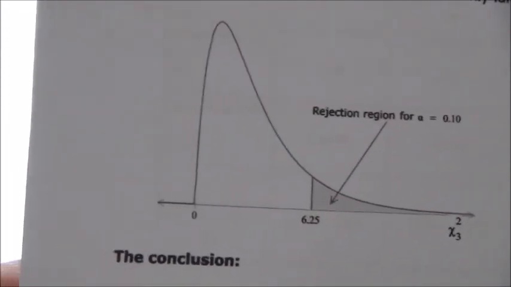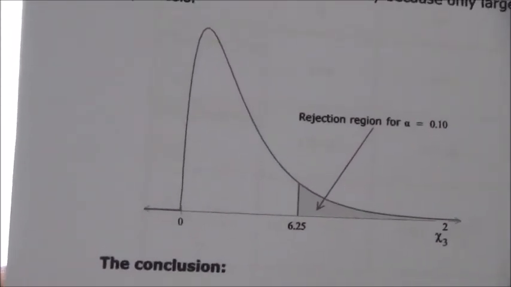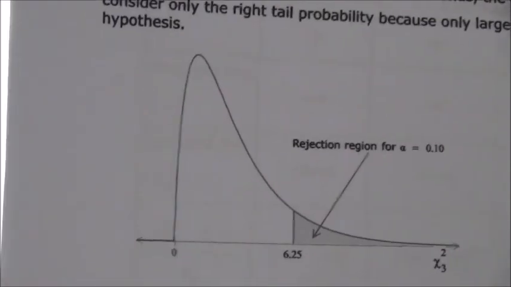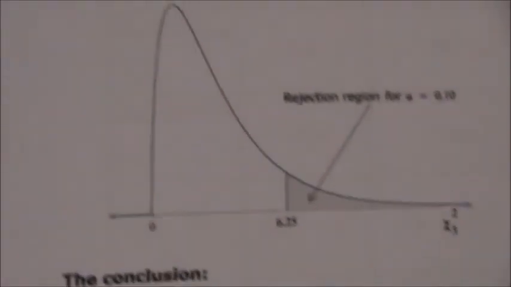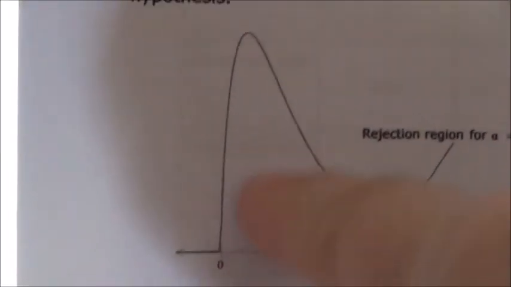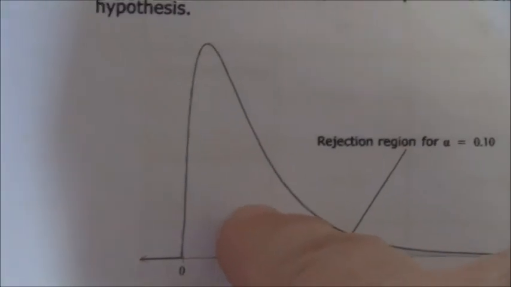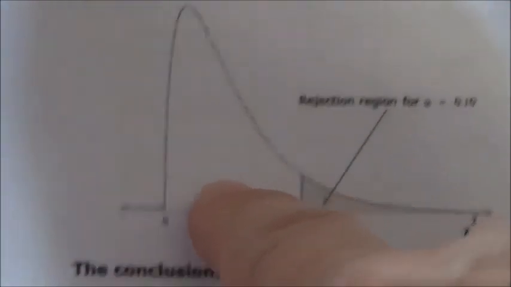If my test value is greater than 6.25, then we're going to reject the null. In this case, 5.70 would actually fall in the section that is less than, so it's over here in the section where we would accept the null. So we're accepting the null, saying they are equal.